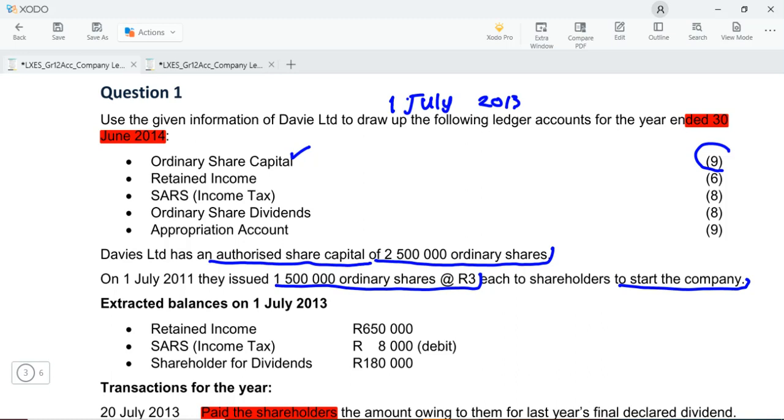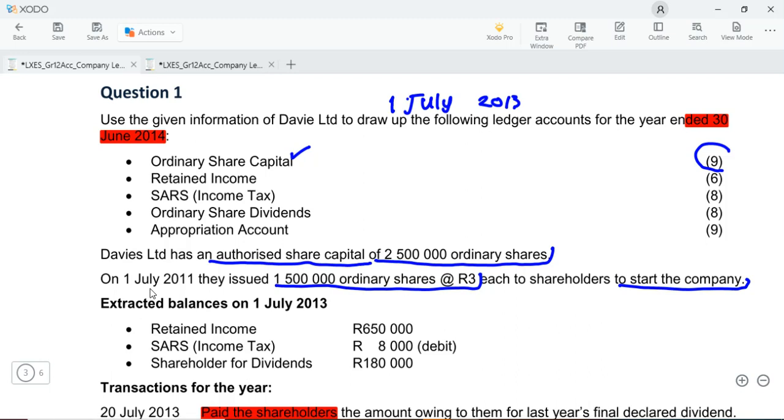Those people in return will become shareholders. So in a nutshell, what they've just done is give us the balance of the ordinary share capital ledger account at the beginning of the year, without really being straightforward, because you're given balances on the 1st of July 2013, but then here they're speaking about the 1st of July 2011.